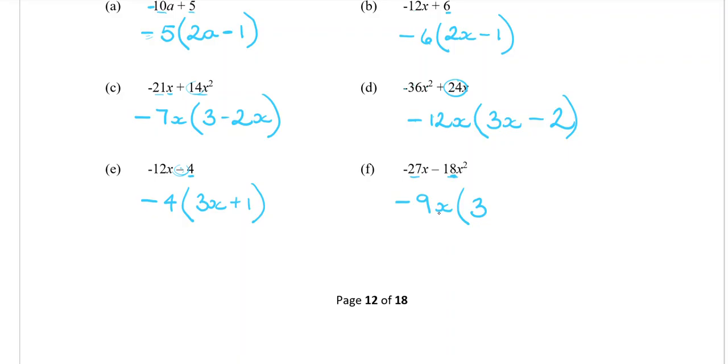The x is out the front, so we don't need another x. Then the minus from the question, again, you divide it by a minus sign, this is going to become a plus, changes the sign. 18 divided by 9 is 2. X squared here, taking one of the x's out the front, I need the second one inside the bracket. Close it up, and we're finished.